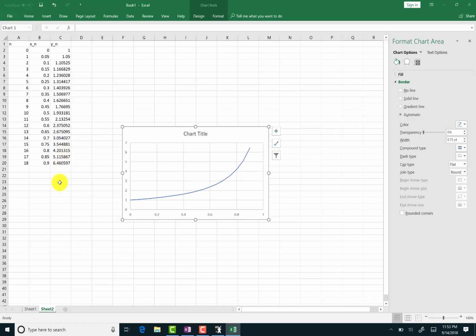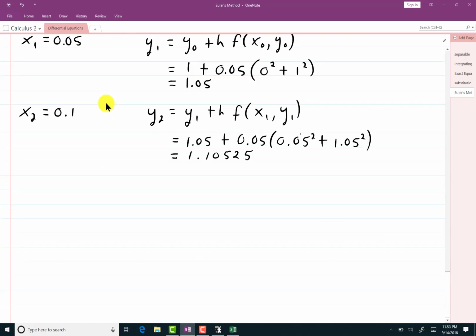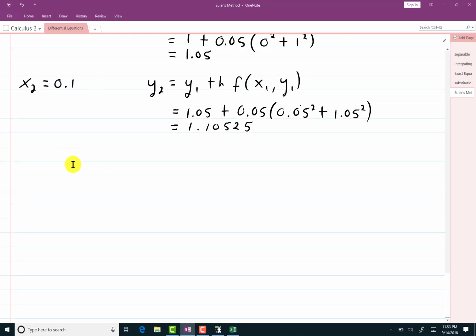I do not have a solution curve that I know for this particular problem, so we had to use this method to approximate the curve. And there you go. Let's go ahead and throw that in. I believe I can just Control C to copy it and come back to this thing. Control V. There it is, and of course it's way smaller than is necessary, so we'll stretch it out.